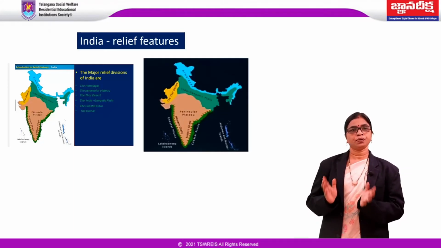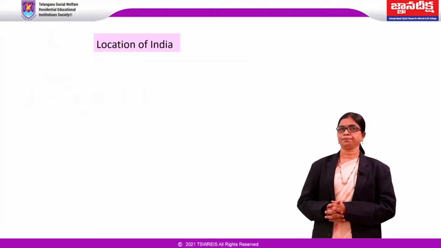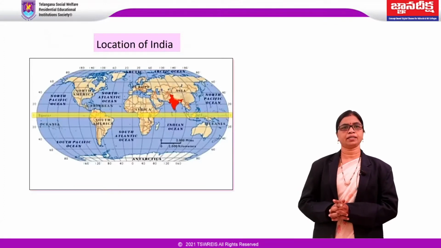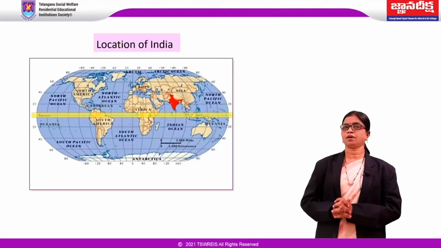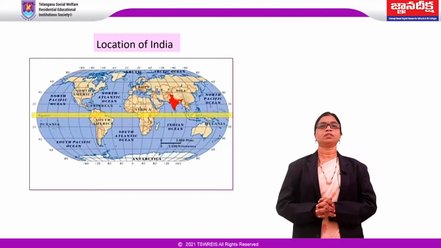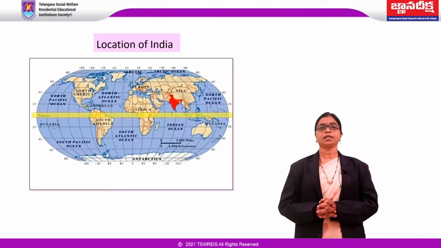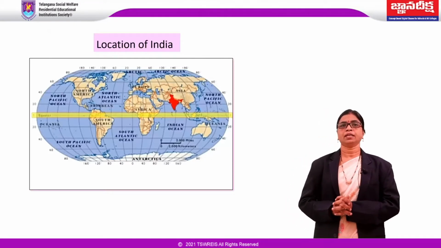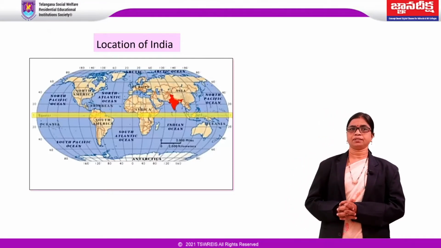Now we are going to know about the location of India. India is located in the northern hemisphere of the globe. It is the 7th largest country in the world with a total land area of 32,87,590 square kilometers.